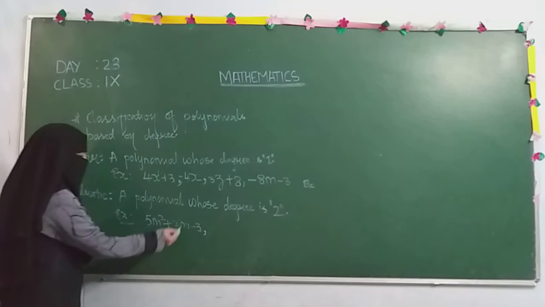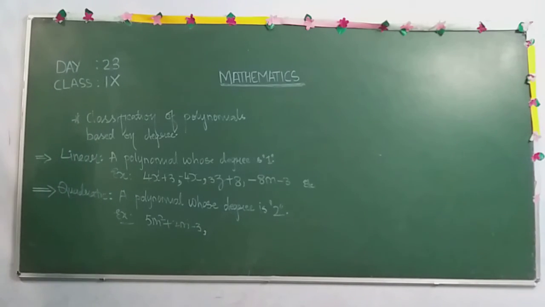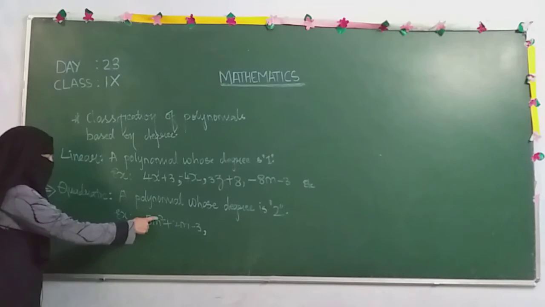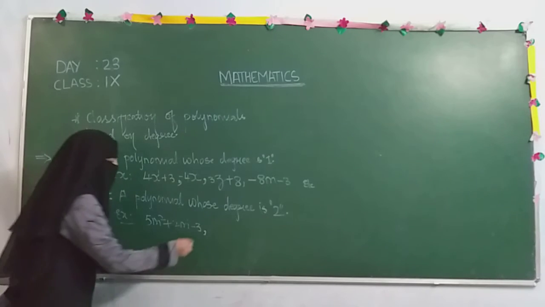So here when you are comparing, here 1 as power and here 2. So 2 is the highest power. It means the degree of this polynomial is 2. If degree is 2, then it is called quadratic polynomial.